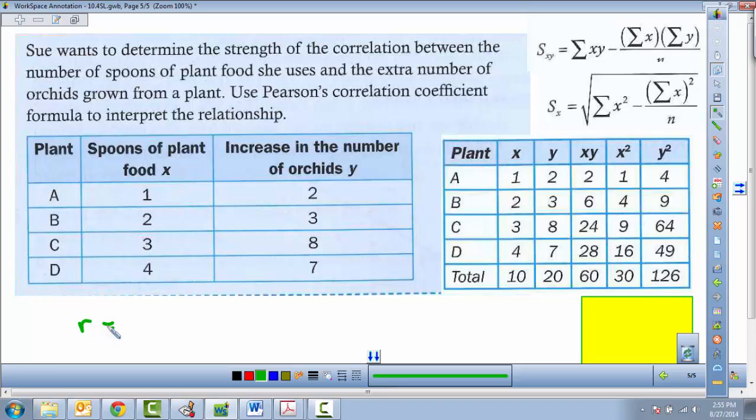So R is equal to, in the numerator, sum of the xy's, so 60, minus sum of the x's, 10, times sum of the y's, which is 20, divided by n. N here is 1, 2, 3, 4. We had 4 plants that we gave this plant food to.